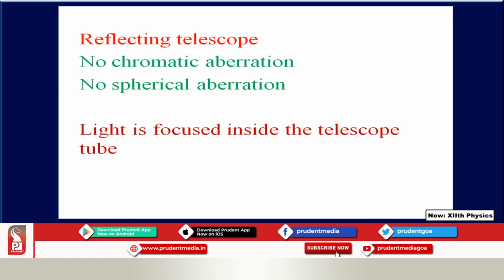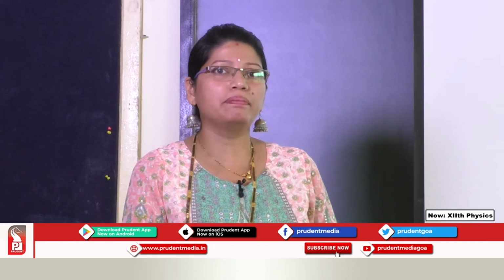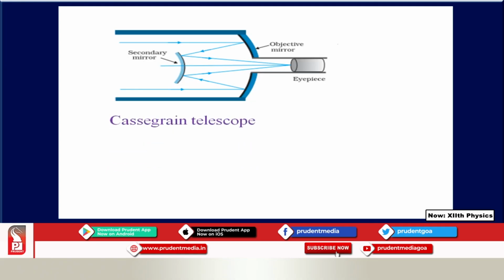The only problem is that it focuses the light inside the telescope tube, so the viewer has to sit inside a small cage. Okay, students, the same problem can be resolved by having another mirror, and this type of telescope is termed the Cassegrain telescope, wherein we have two mirrors.